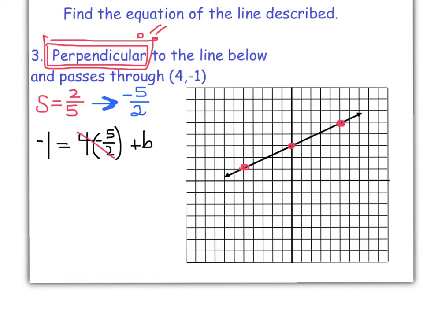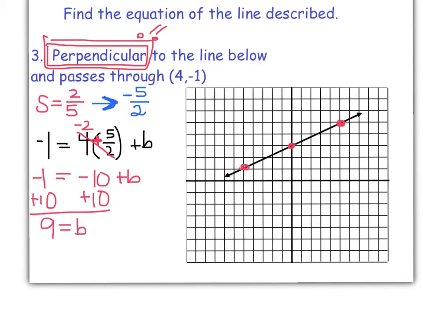I can cross reduce here. I'm going to make that a positive so I can see that negative. So that gives me a negative 10. So 9 is equal to b. So our new line, the equation would be y equals -5/2. There's our new slope because it had to be the perpendicular negative reciprocal plus 9.